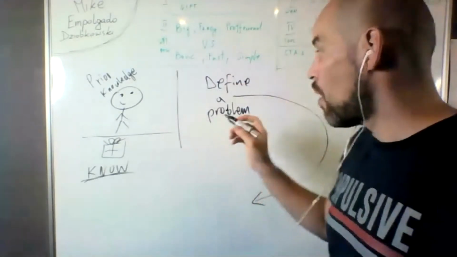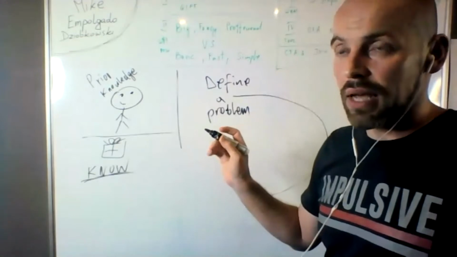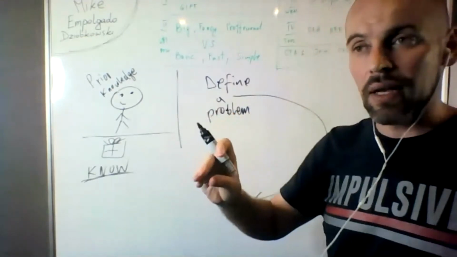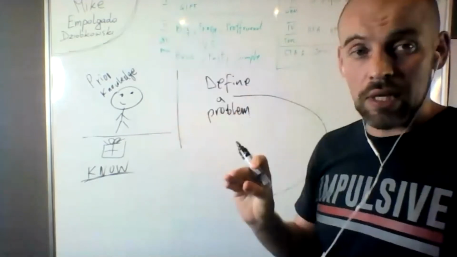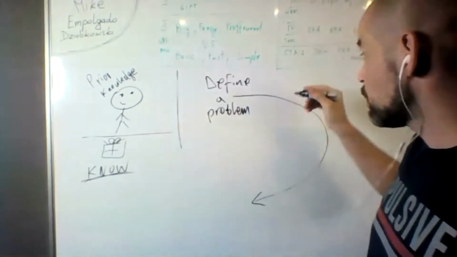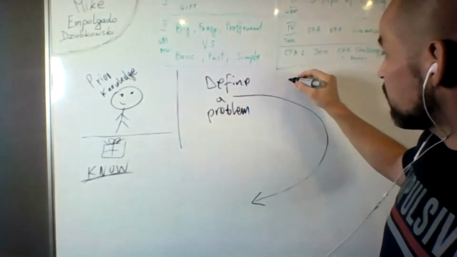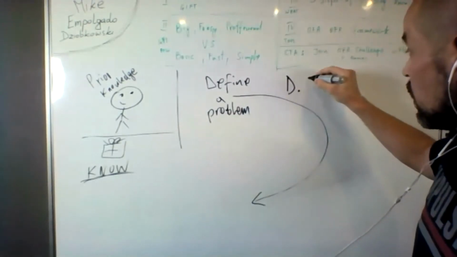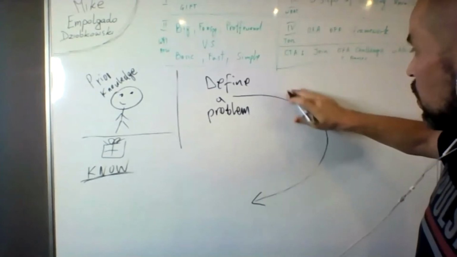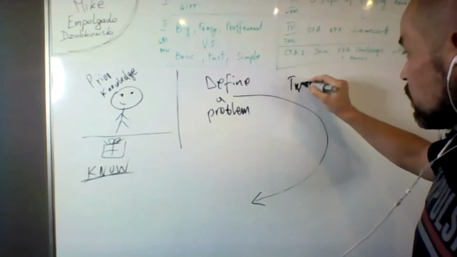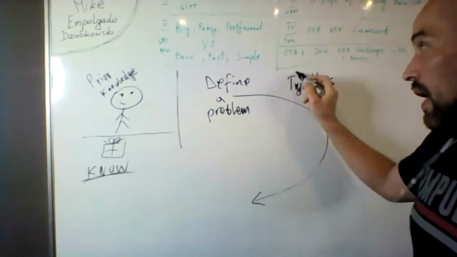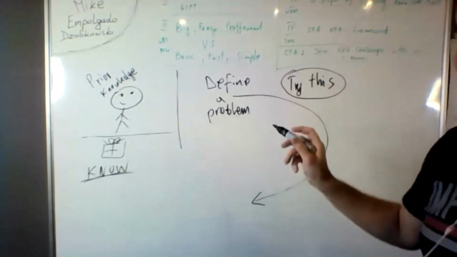I'm not offering my final solution here yet, but I'm offering different strategies that we can try. So maybe I'm going to call this first stage "try this." Okay, that's the first stage.